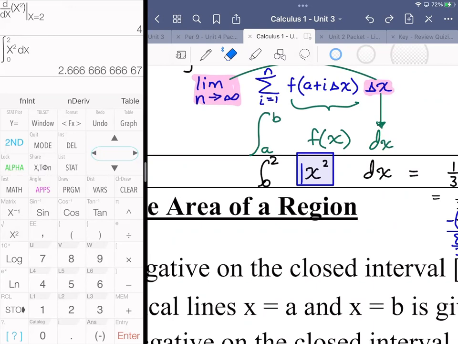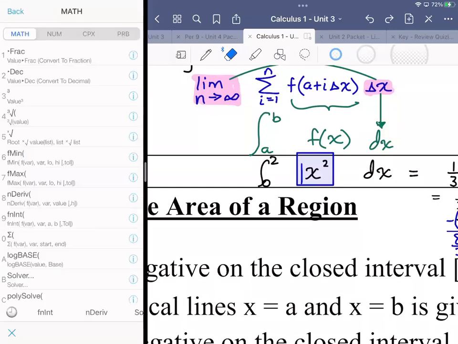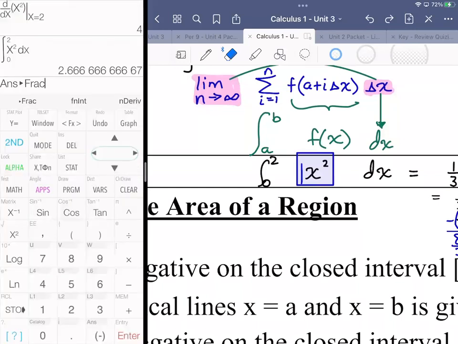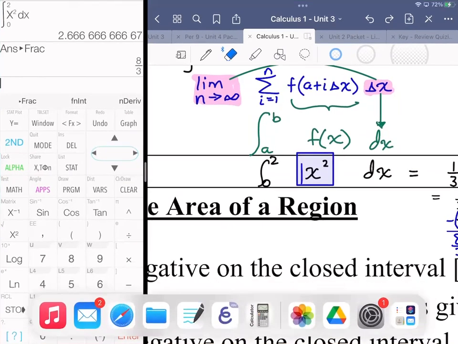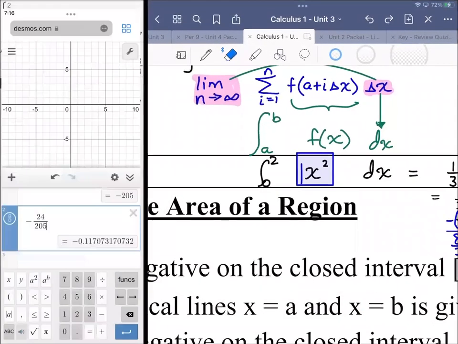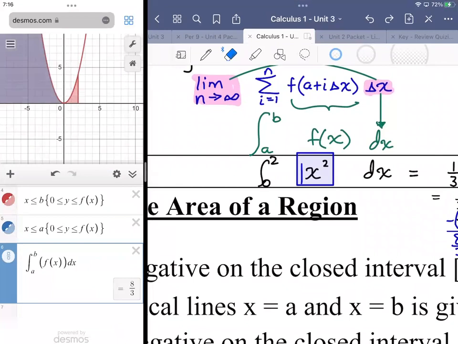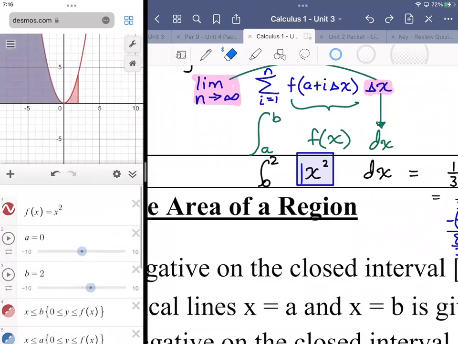And just remember on the TI, it's an extra step to get it into fraction form. Math option 1 converts it to a fraction, and you get your 8/3 out. We haven't really needed the TI for a whole heck of a lot, but I figured I'd definitely show you that one because that's going to be a big deal going forward. But yeah, look how beautiful this is.